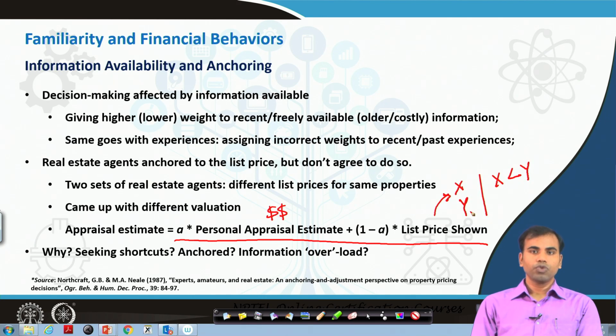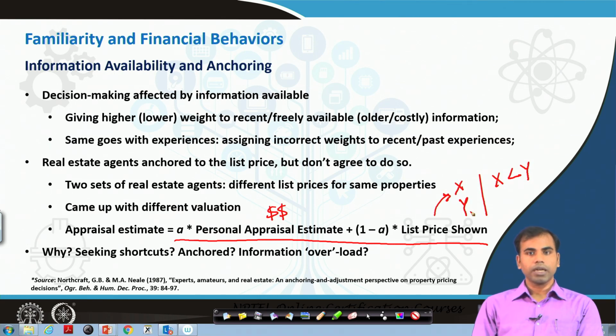Now, if you try to explain why real estate agents came up with different valuations for the same set of properties, it could be explained in terms of their tendency to seek shortcuts, because even if they came up with their own valuation estimates, they were nudged or affected by the information that was given to them in different list prices.